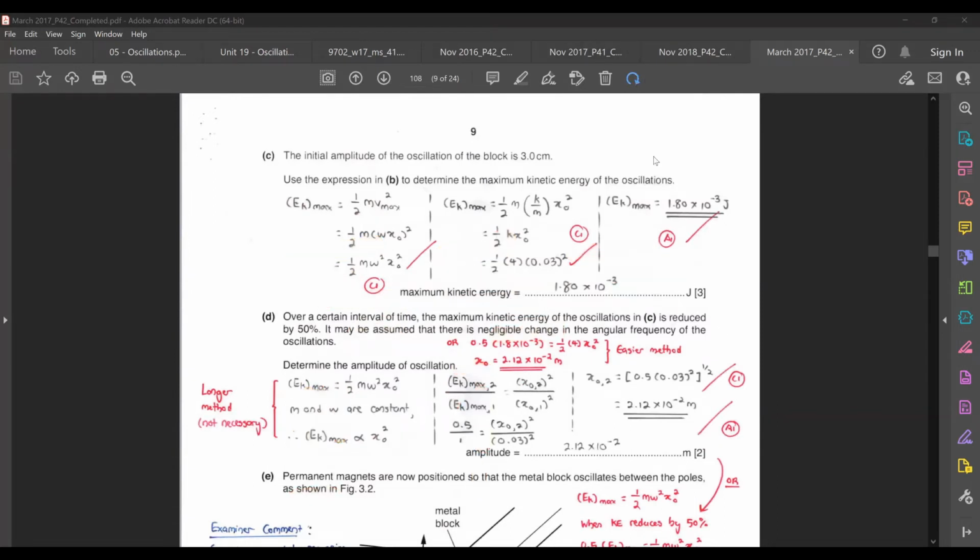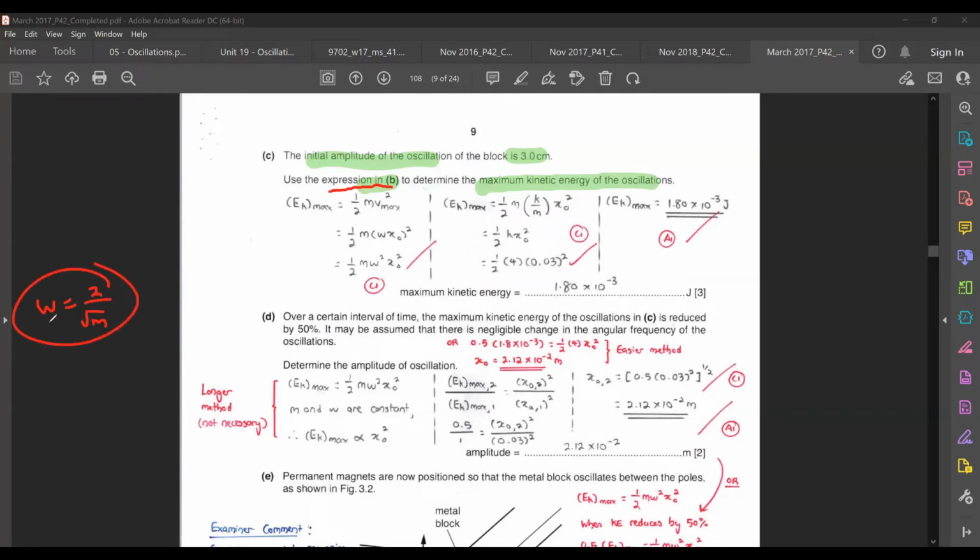They mentioned that the initial amplitude of the oscillation of the block is 3 centimeter. Use the expression in B to determine the maximum kinetic energy of the oscillations. Here you see they specifically ask you to use the expression in B. The expression in B was omega equals 2 over square root m.